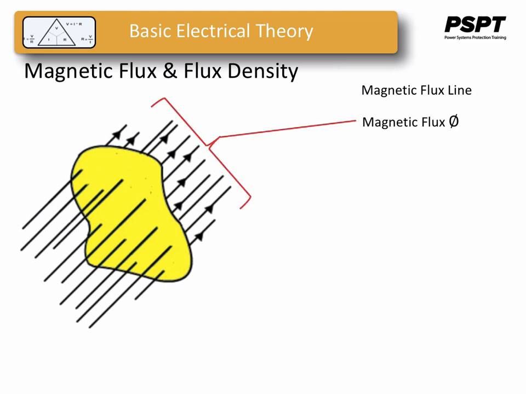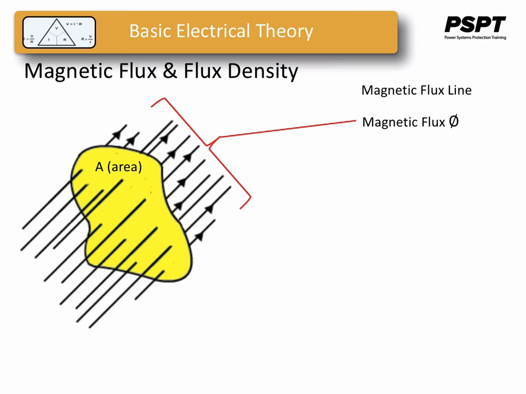Grouped together, these magnetic lines of flux form what is known as a magnetic flux field, and the Greek symbol phi is usually used to symbolize magnetic flux, and it's a measure of quantity of magnetism. It takes into account the strength and the extent of the magnetic field.